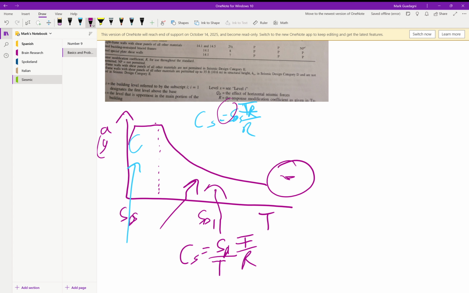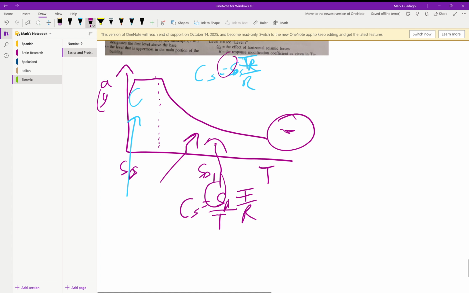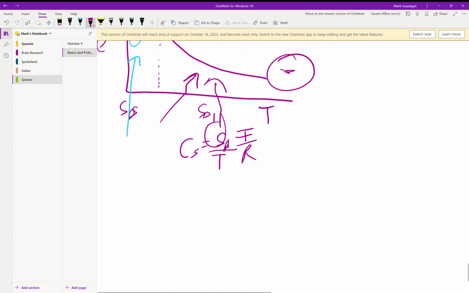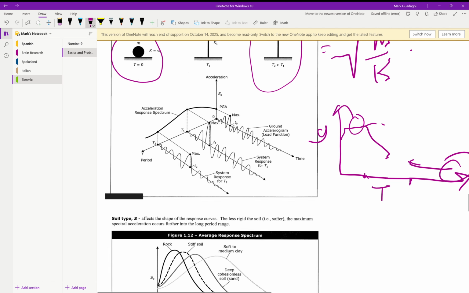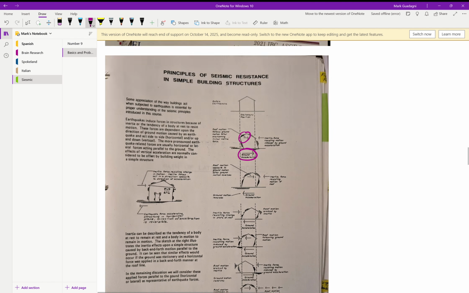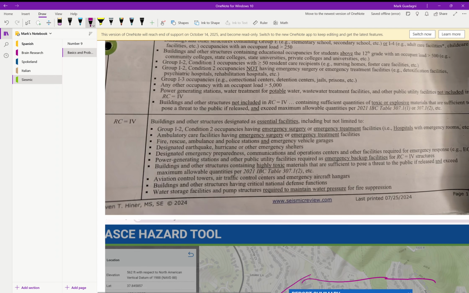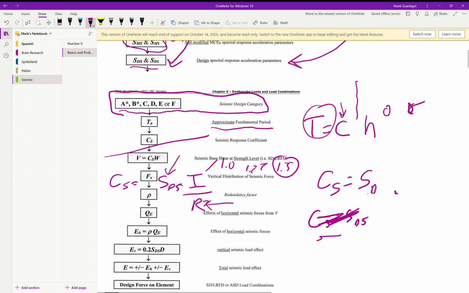But they basically fall in these two categories where you use your SD1 or you use your SDS. You'll see this chart a whole bunch, but I did not screenshot it for you, so you're just going to take my word for it.